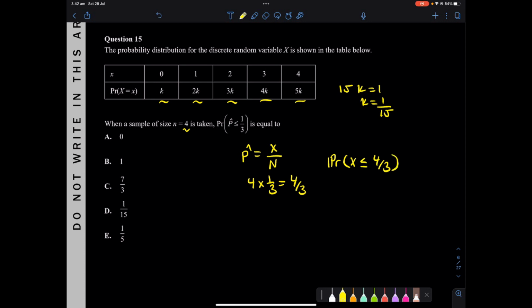So we're saying we want to find the probability of these two added. So it'll be 3k, and our k value is 1 over 15, so it'll be 3 over 15, which is 1 over 5. So question 15, E.